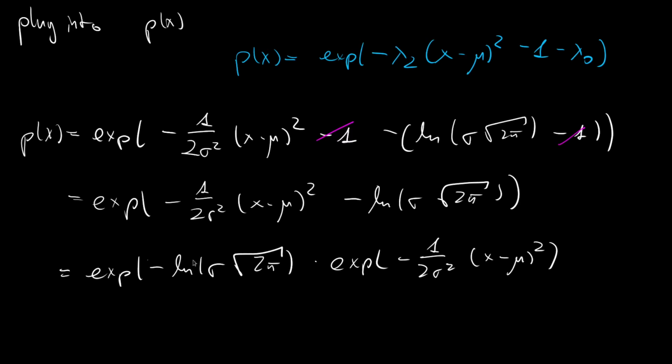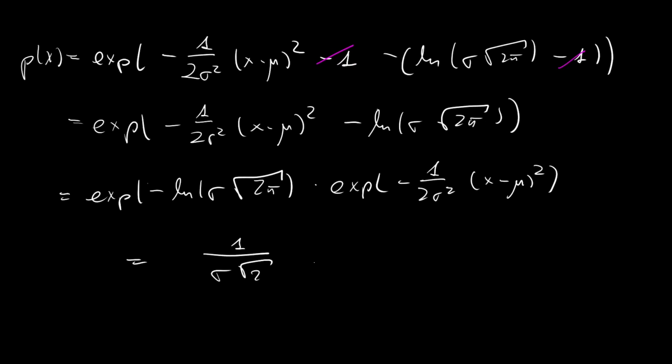And then the exponential cancels with the logarithm, and the minus of the logarithm will be 1 over this expression. So we have 1 over sigma times square root of 2 pi times the exponential of minus 1 over 2 sigma squared x minus mu in brackets squared closing brackets, and that is our p of x.